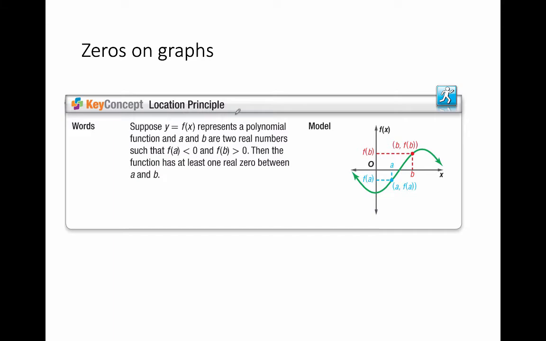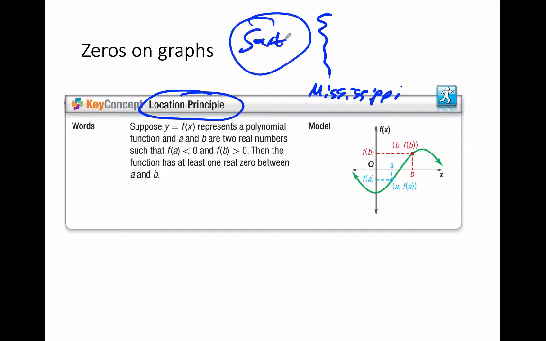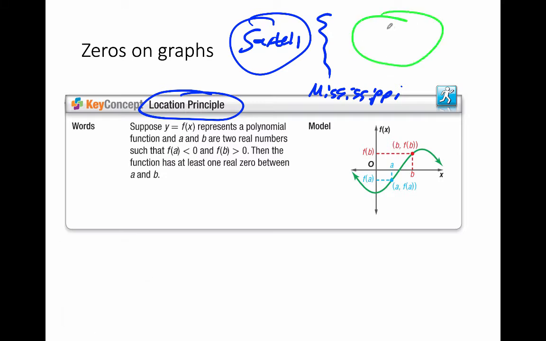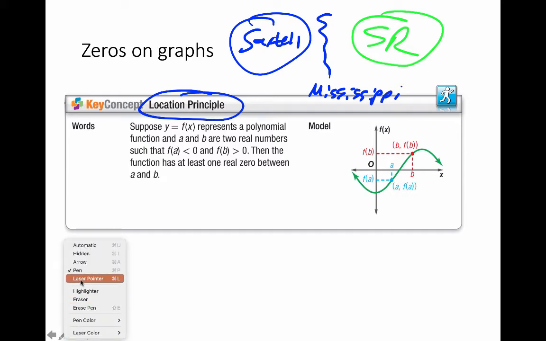All right, location principle. I like to talk about the location principle. One of the great ways we can talk about that is if this is the Mississippi. In order to go from Sartell to Sauk Rapids, what do you have to do? You've got to cross the river, right?